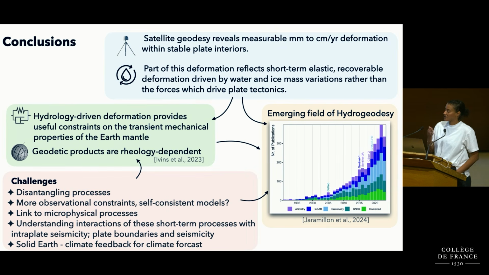There are still many challenges in that field, trying to disentangle all those processes, trying to bring more observational constraints and self-consistent models, and making the link to what we know from the microphysical processes and what we can average at large scale. Of course, we need to understand interactions of these short-term processes with intraplate seismicity.